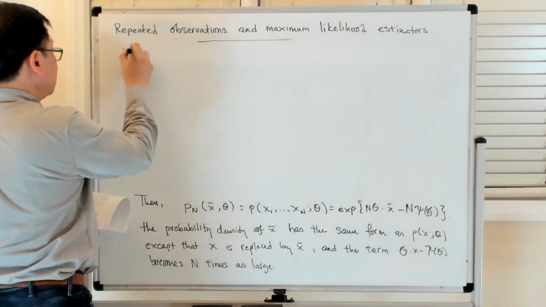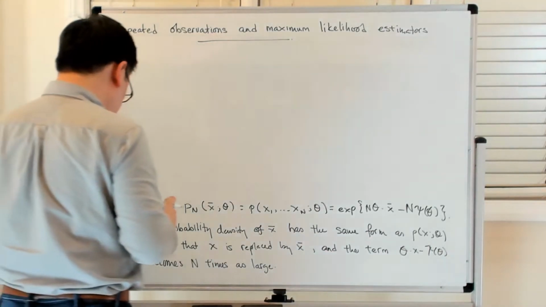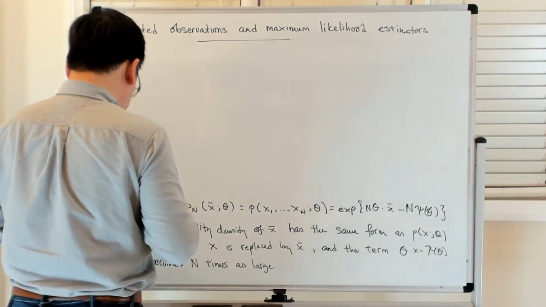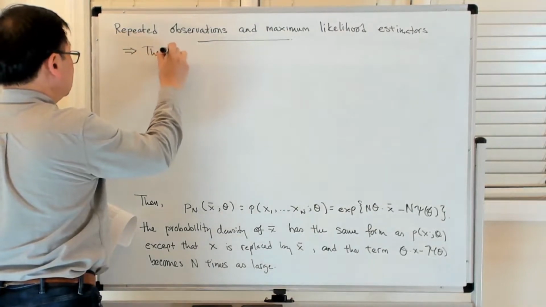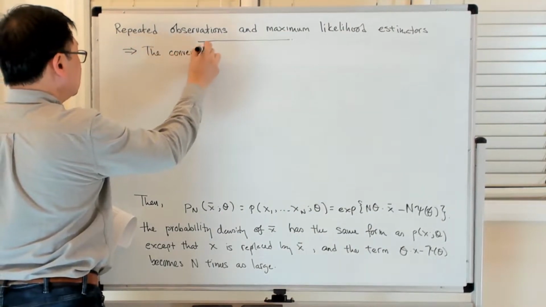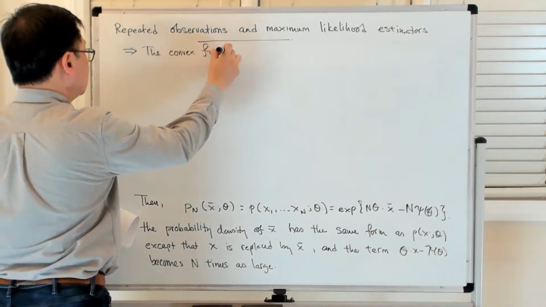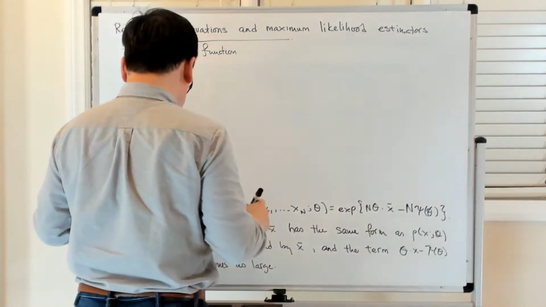So this basically implies that the convex function in question becomes n times as large.